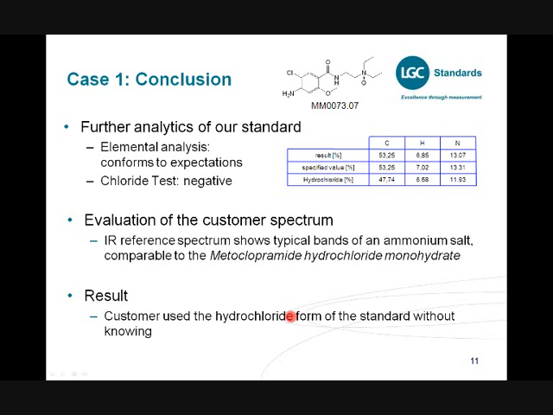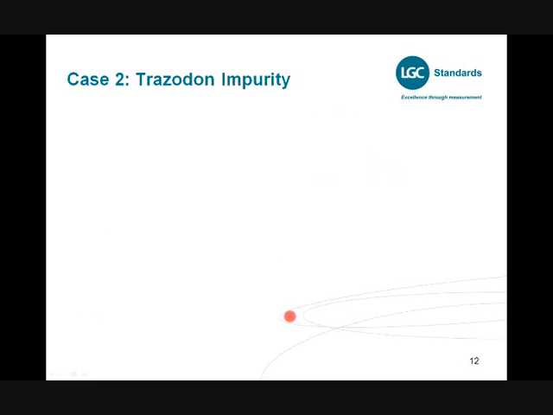This is not so much a problem when you want to use such a material for identification only, for peak identification in an HPLC, because in the HPLC, in the mobile phase or in the solvent that you use for your analyte, you normally split the salt up, and in the chromatogram in the end it will show as the free base peak, so you don't see any problems there.